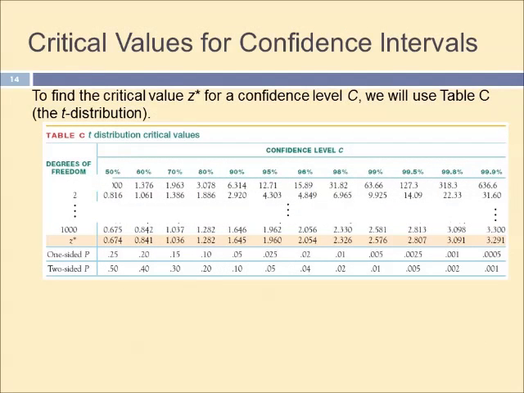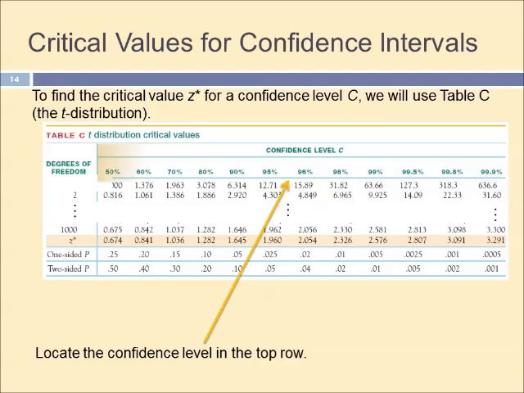Now, to find the critical values for confidence intervals, we'll use table C. This is called the t-distribution value table. So notice along the top, we have the confidence levels, and they go from 50% up to 99.9%.